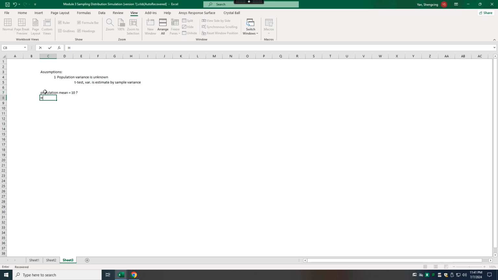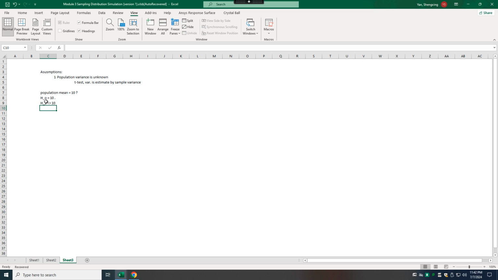We set our null hypothesis H0 equal to 10, and the alternative hypothesis is not equal to 10. So we want to infer how much chance there is that our H0 is true.